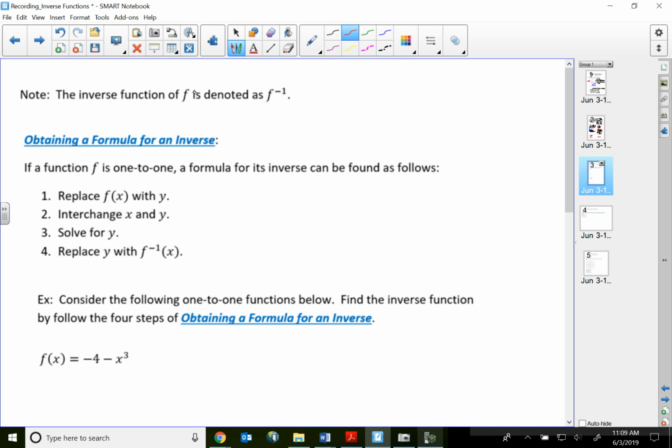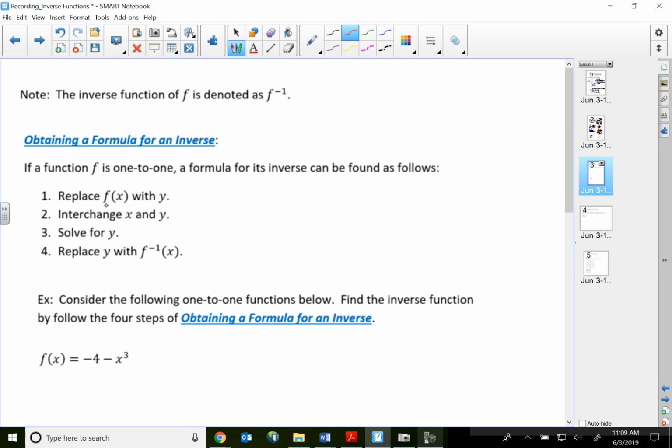So the inverse function of f is denoted as f inverse. Okay, this is not f to the negative 1 power. This is called f inverse. All right. So once I know my function is a one-to-one function, then I'm going to follow the 4 steps to find its inverse function.